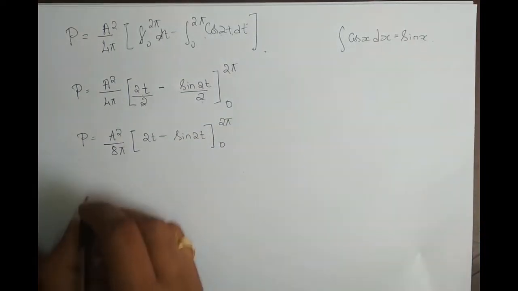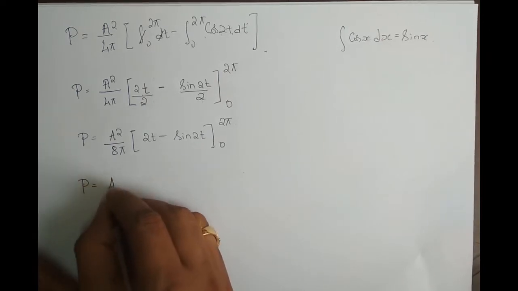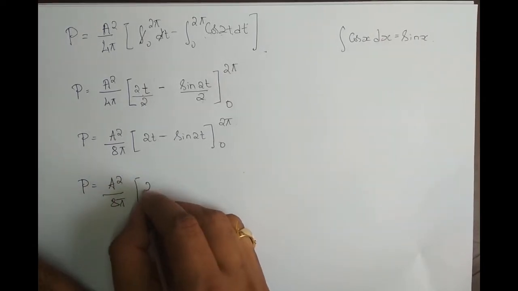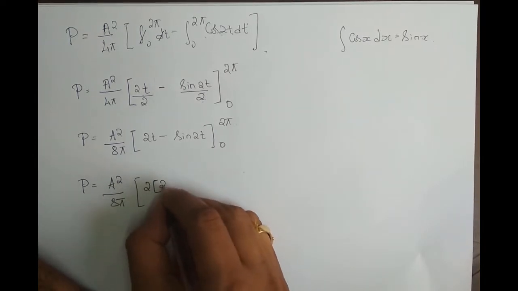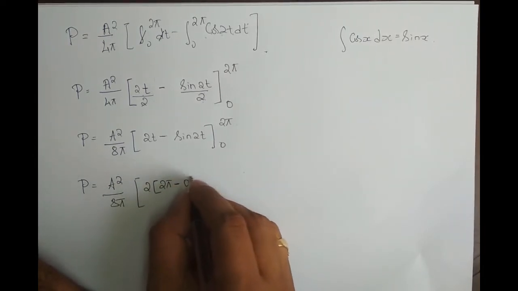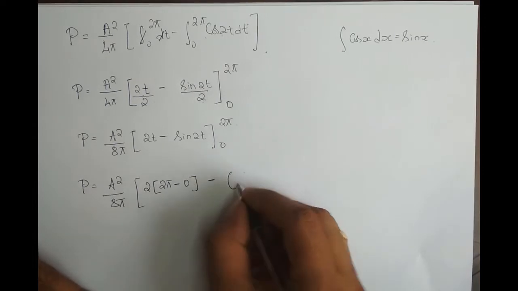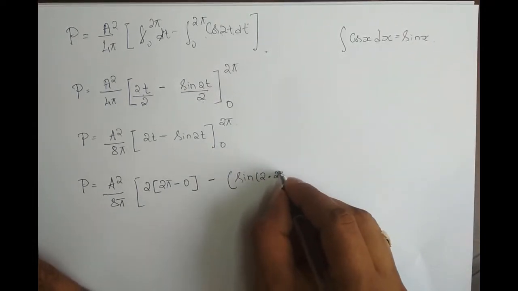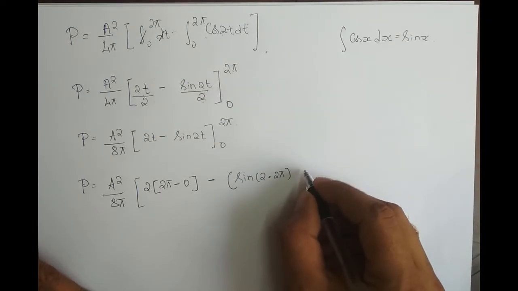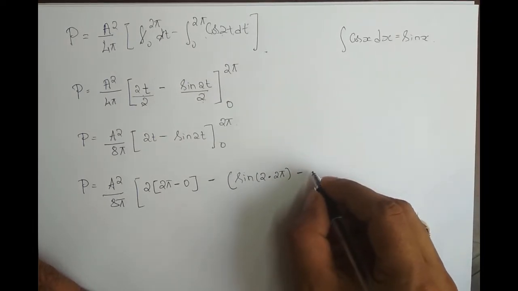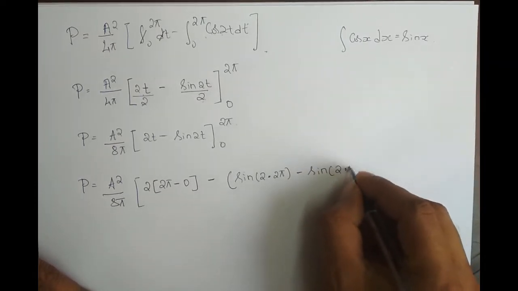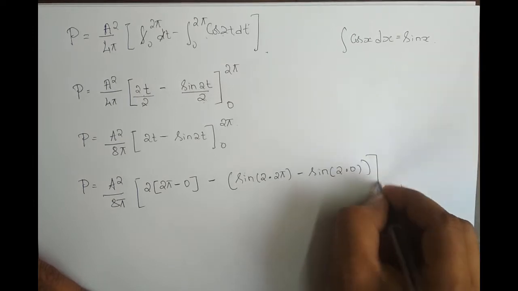Now I will apply the limit. So P is equal to a square divided by 8 pi into 2 times the upper limit 2 pi, minus the lower limit 0, minus sine of 2 into the upper limit 2 pi, minus sine of 2 into the lower limit 0, right?